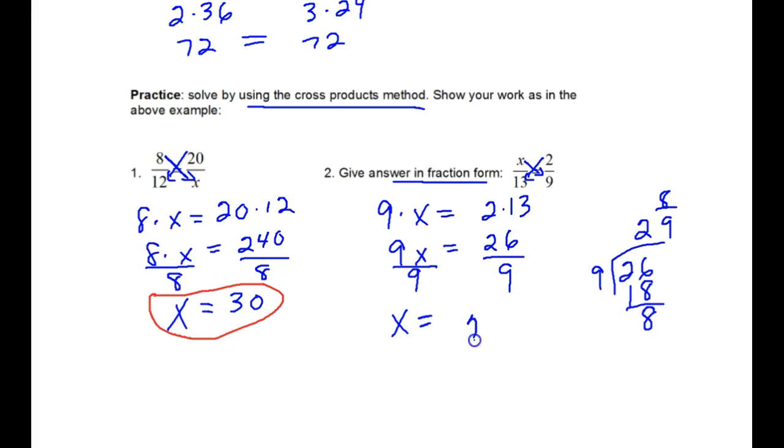So that's our answer, 2 and 8/9. So you'll give your answer on that problem as a fraction. You can use your calculator if you want. It will generally give us a decimal answer, so that's why I worked this out for you to see what you do. So there's some notes on using proportions and solving proportions.